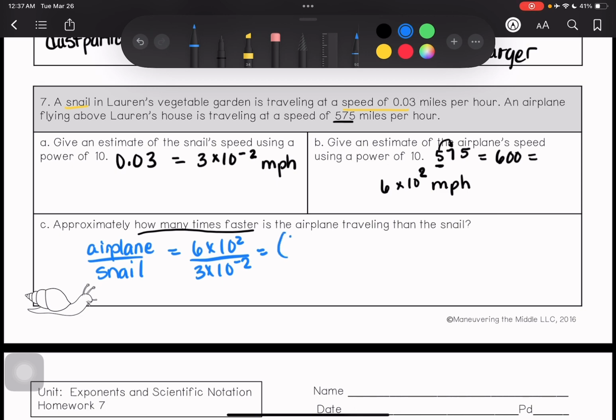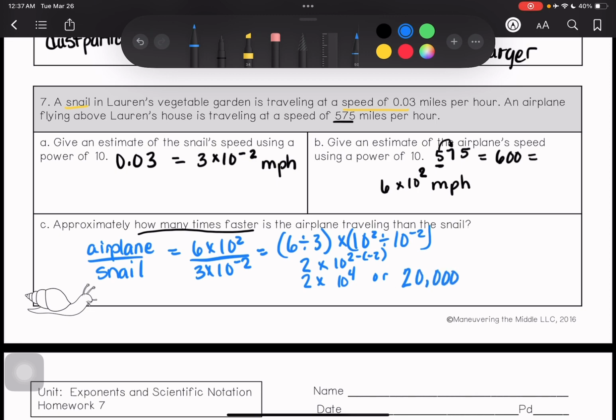Dividing our numbers, that's 6 divided by 3 times 10 squared divided by 10 to the negative 2. 6 divided by 3 is 2 times, keep the same base, subtract the exponents, so that's 10 to the 2 minus a negative 2, which is 2 times 10 to the 4th power. In standard form, the decimal moves 4 times to the right, so you add 4 zeros.